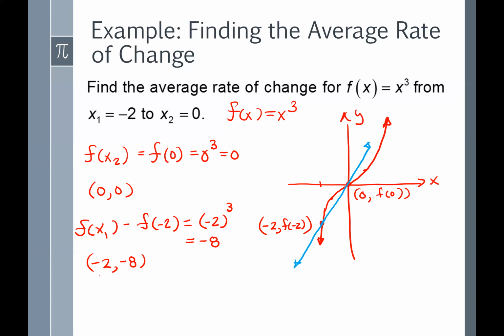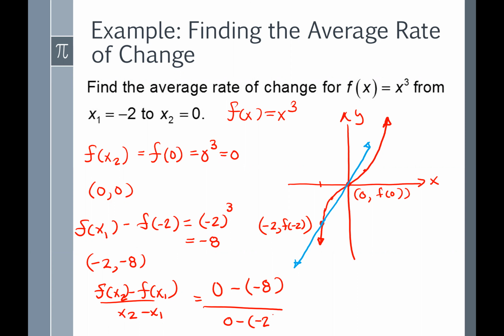And now I find the average rate of change. f of x2 minus f of x1 over x2 minus x1. So that is going to be 0 minus -8 over 0 minus -2, which is 8 over 2, which is 4.